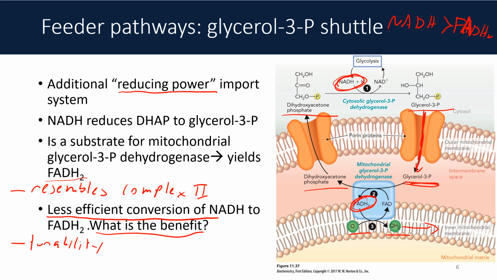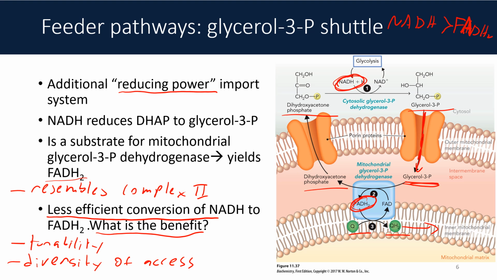Secondly, the benefit of this additional feeder pathway is diversity of access. Consider this: if your complex 1 or complex 2 is down thanks to rotenone, this is going to give you a fighting chance.